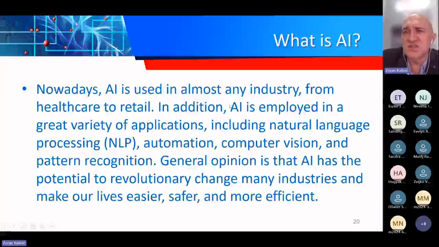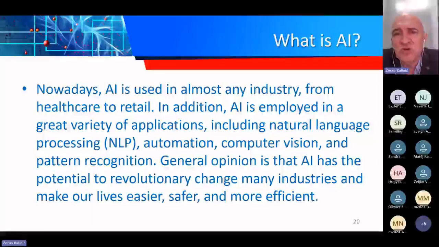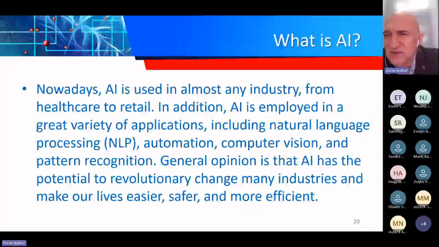So we are witnesses that now we can implement artificial intelligence in almost every kind of industry: in healthcare, in production, in marketing, in retail, almost everywhere, in governmental services, in almost every aspect of our lives. There are different kinds of applications which are used and supported by AI.